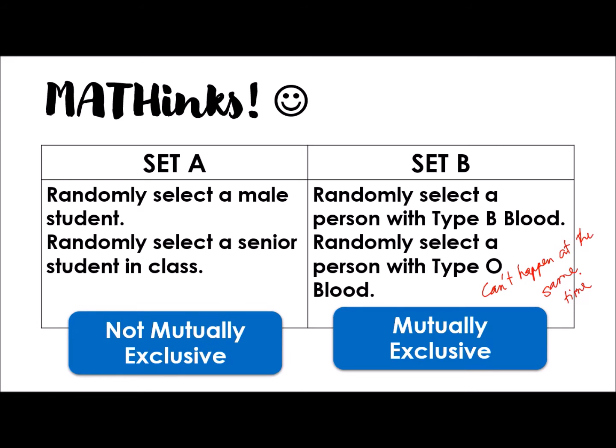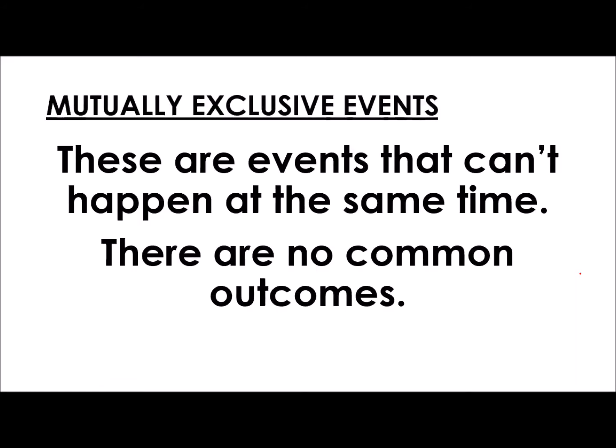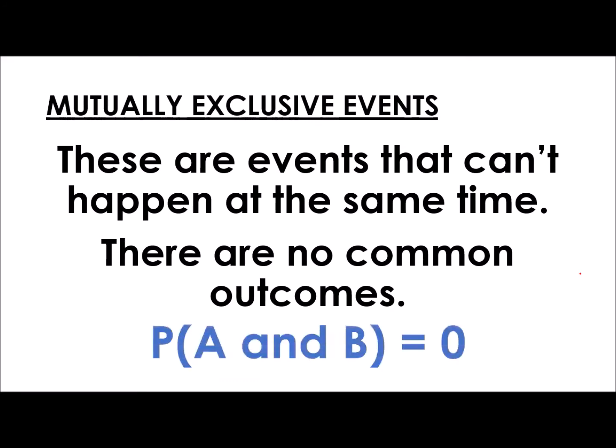So, wala siyang parehas na outcome. Okay? So, pag sinabi nating mutually exclusive events, these are events that can't happen at the same time and there are no common outcomes. That's why on the part of its intersection, yung probability of A and B, it is 0. Kasi it is impossible to happen. Kasi wala nga silang parehas.